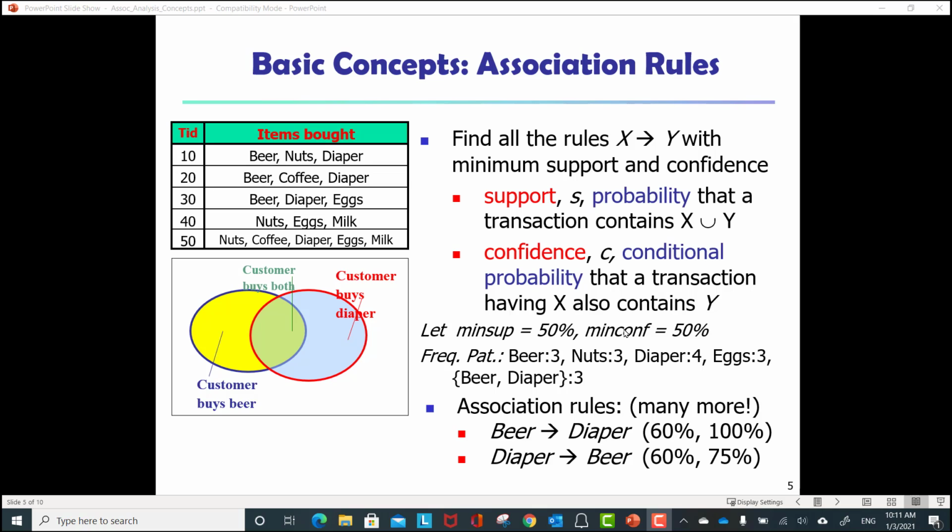Both are okay because we set the minimum confidence level at 50%. So both are interesting rules for us, at least so far.